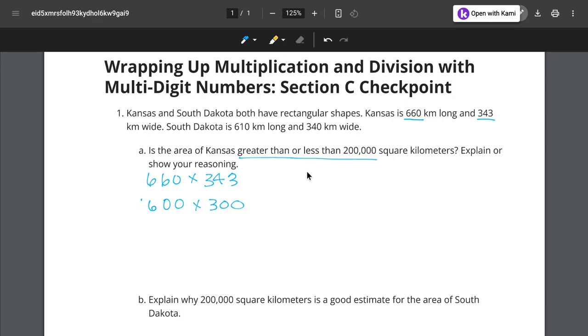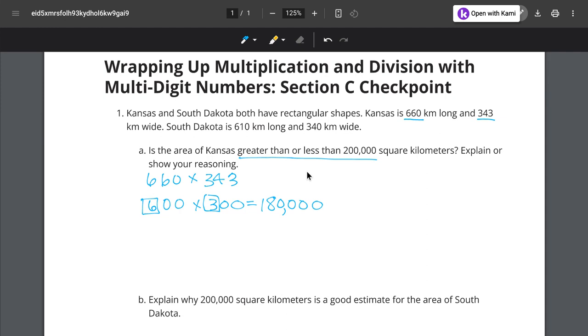Even if I did that, I know that 6 times 3 is going to give me 18. And then notice there are 4 zeros outside the basic fact: 1, 2, 3, 4. That already has me to 180,000.